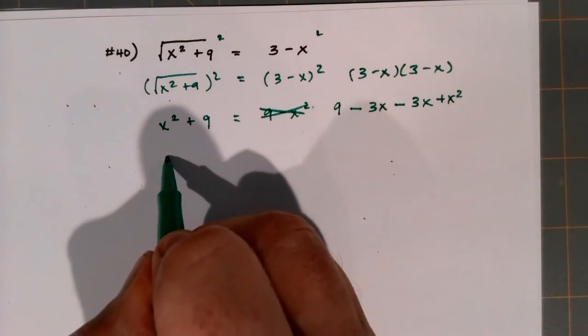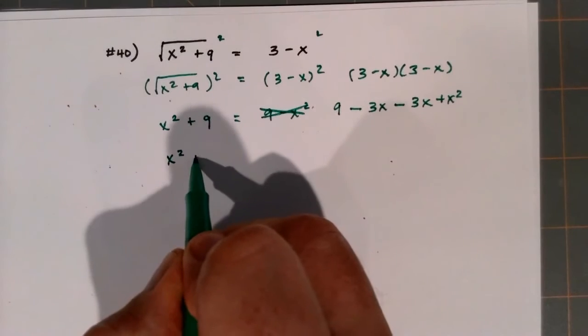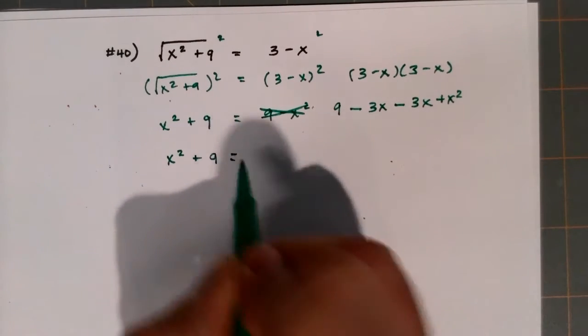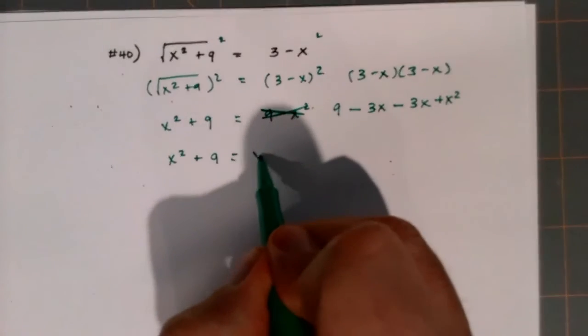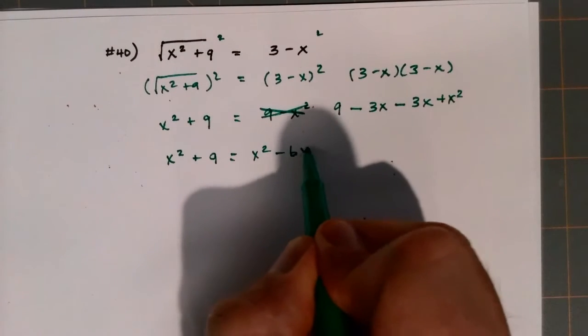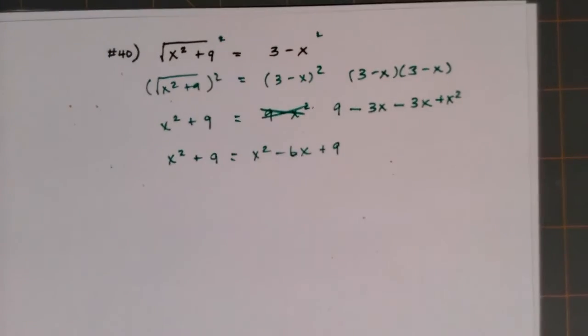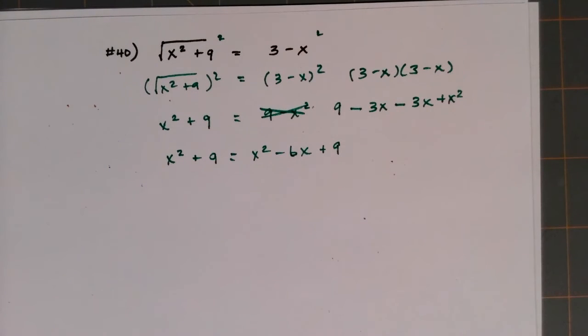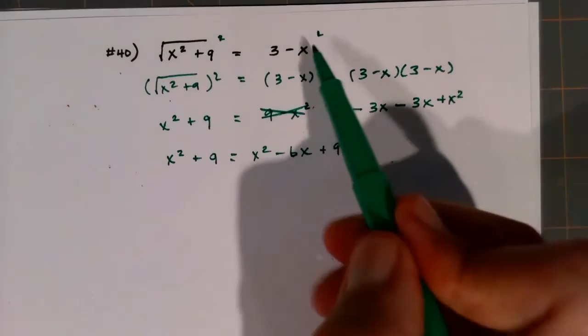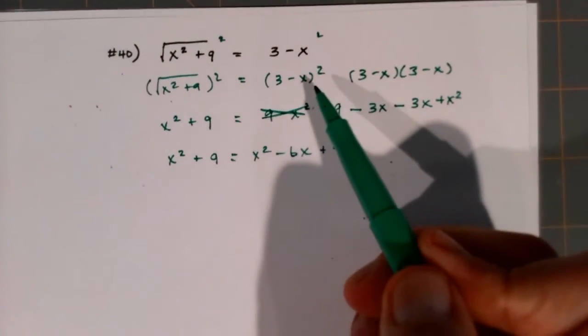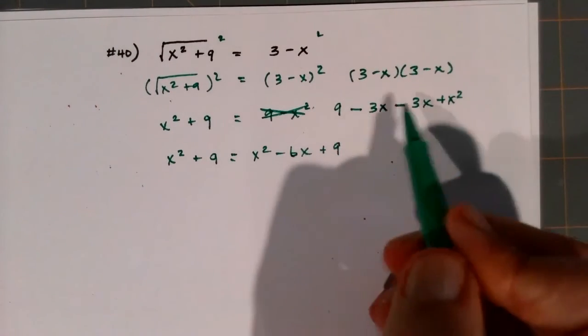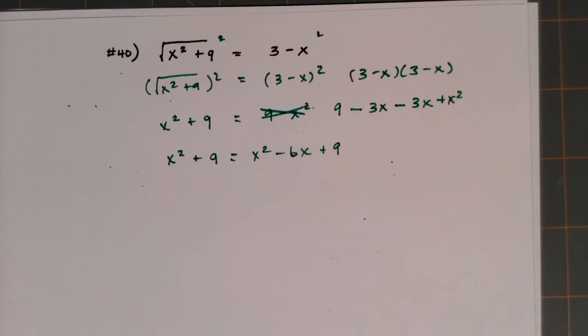So technically this next line is x squared plus 9 is equal to x squared minus 6x plus 9. Right? So that's why this problem is really hard, is you can't distribute that, right? So you see this and you're like, oh, I can do that. But no, you can't just do that easy stuff. You got to do a FOIL, right? So there's a little bit of action here.